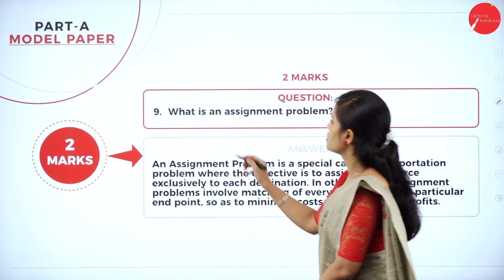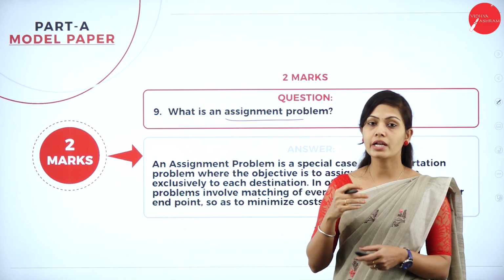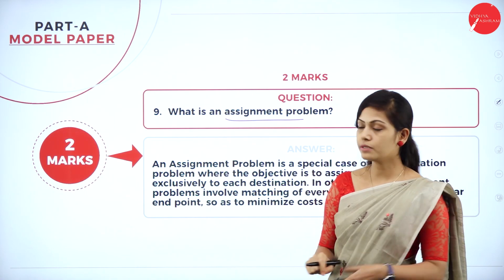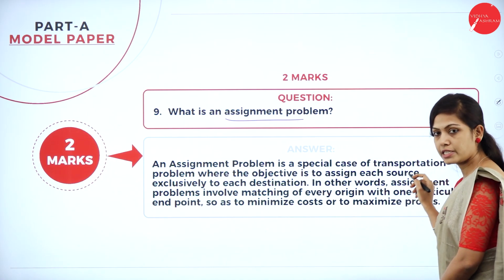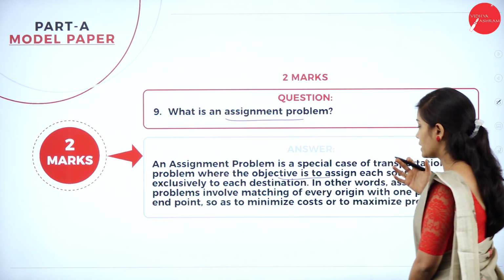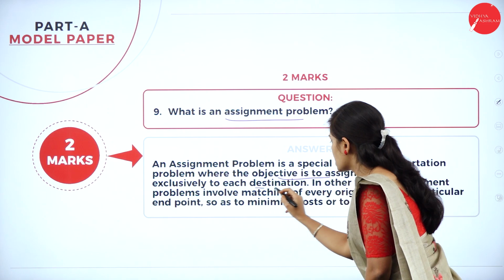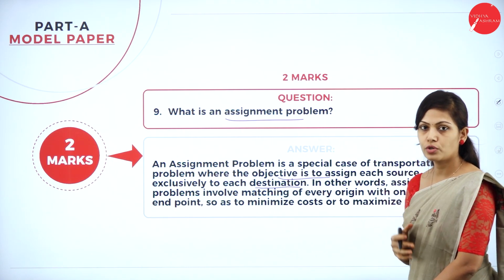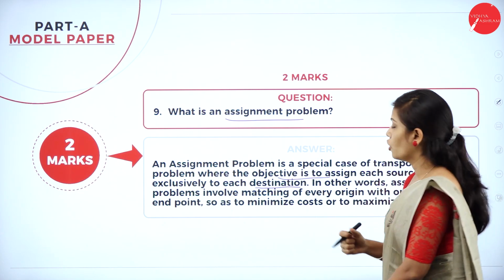And the next one is, what is an assignment problem? In an assignment problem, we are assigning the right job to the right operator, right? An assignment problem is a special case of transportation problem where the objective is to assign each source exclusively to each destination. Clear? For every source and destination, we are assigning the right job to the operator.